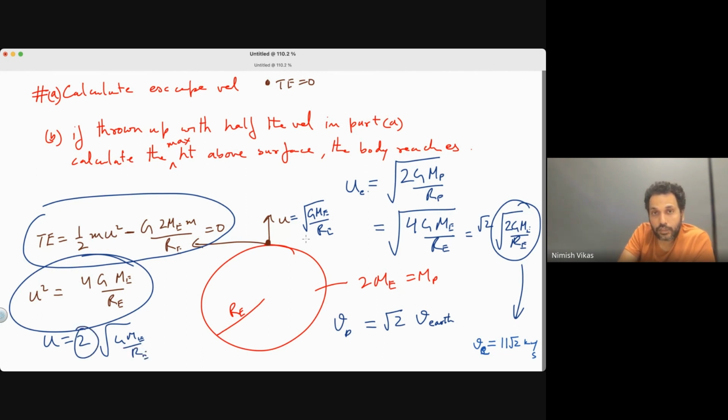If this was the velocity, what is the height it will achieve? You do it at home. That means you have to write properly the total energy at this spot also.